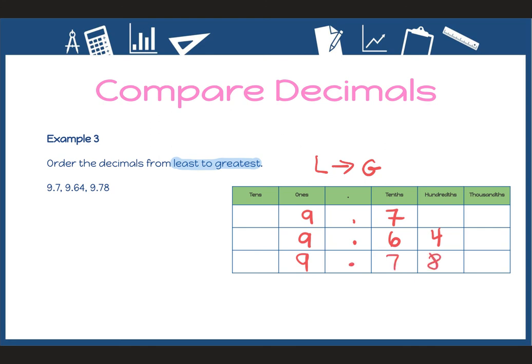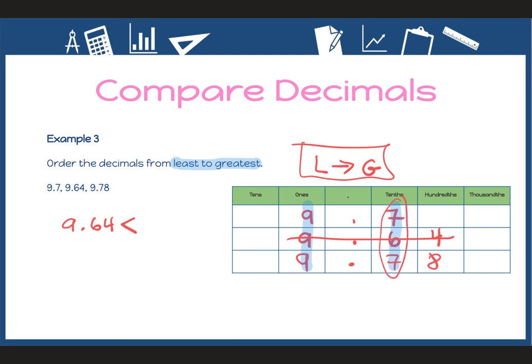Going back here, least to greatest, we're going to see which is the smallest number. All three numbers have 9 in the ones place, but here is where they are different. 6 is smaller than the other two. So we're going to write 9.64 is less than, so this one is gone. Now we have to look at the next place value, because in this place value they have the same digits, 7 and 7.